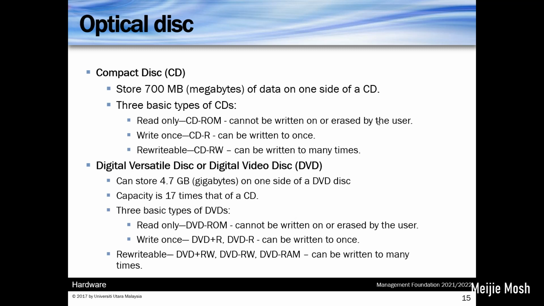There are three basic types of DVD: read-only, or DVD-ROM, which cannot be written or erased by the user; write-once DVD, or DVD+R or DVD-R, which can be written only once; and rewritable DVD, for example DVD+RW, DVD-RW, and DVD-RAM, which can be written to many times.